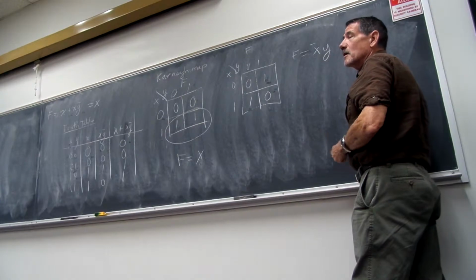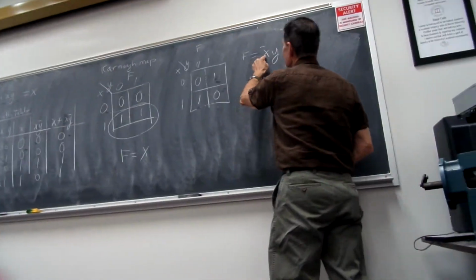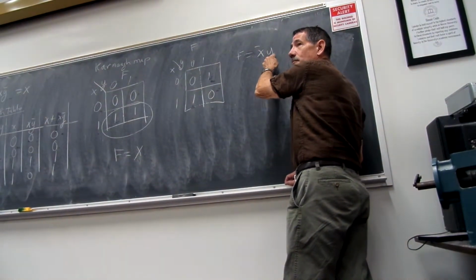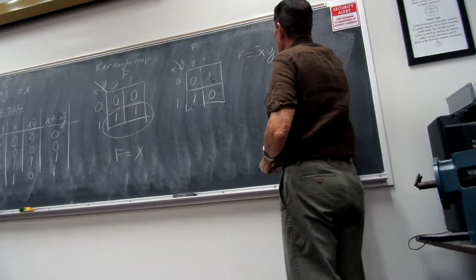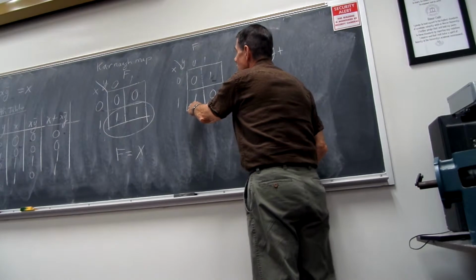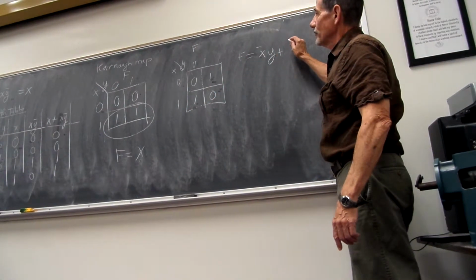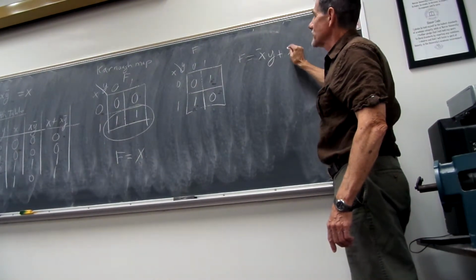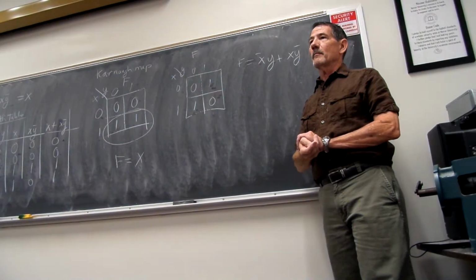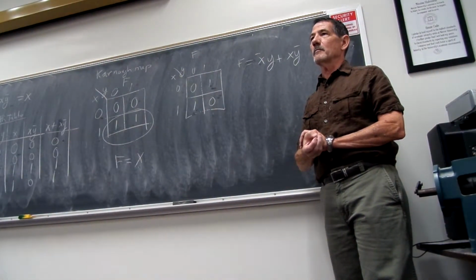Everybody understand that if x is a 0, then not x would be what? 1, and 1 and 1 is 1, all right? Now, I've got to cover this guy here, this lonesome 1. What do I have to do here? x, y bar. Is that okay with you?